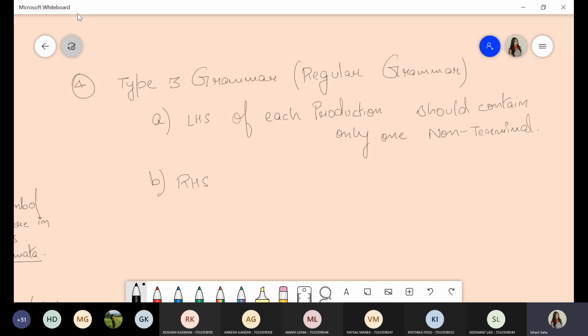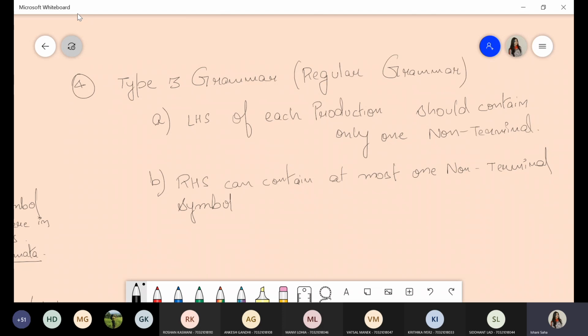Write down the B part: the right hand side can contain at most one non-terminal symbol.